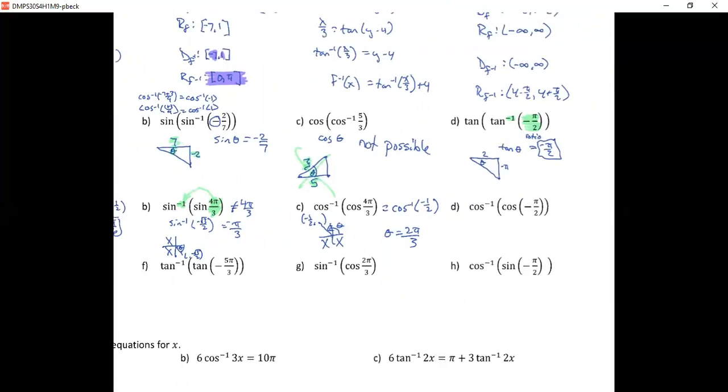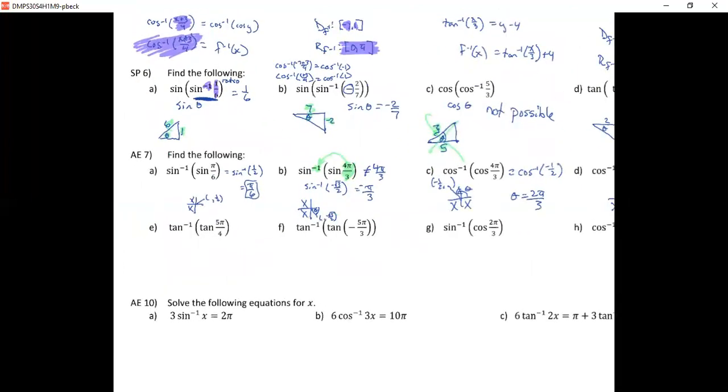For part D, again, we could do this one numerically. The cosine of negative pi over 2 is 0. And now the inverse cosine of 0 says what angle between 0 and pi creates the cosine ratio of 0. That angle is pi over 2.